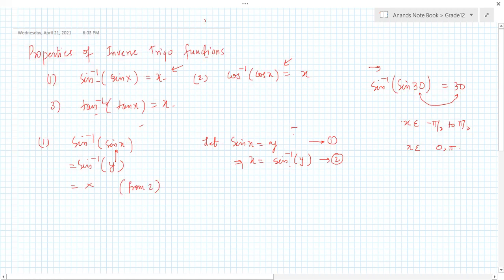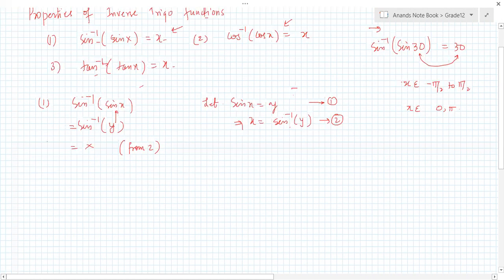Okay, these are all simple proofs. Let's do cos inverse. Second, cos inverse of cos x is equal to x. This is the property. So similarly, let cos x is equal to y. If you take this substitution to be true, x is going to be cos inverse of y.